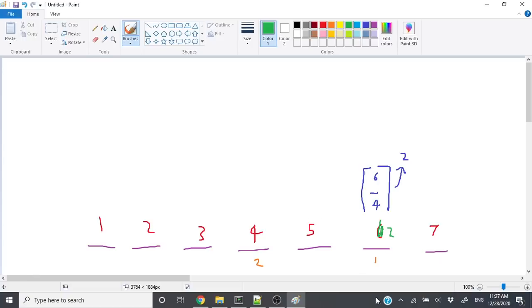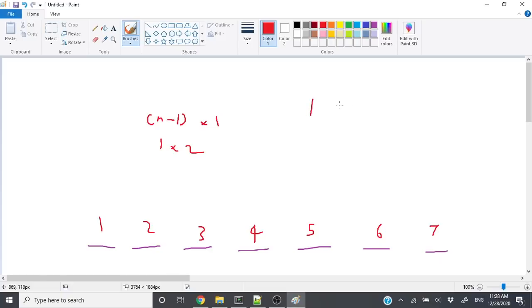We want to do some operations with this array so that the final array should have n minus 1 ones and one 2.